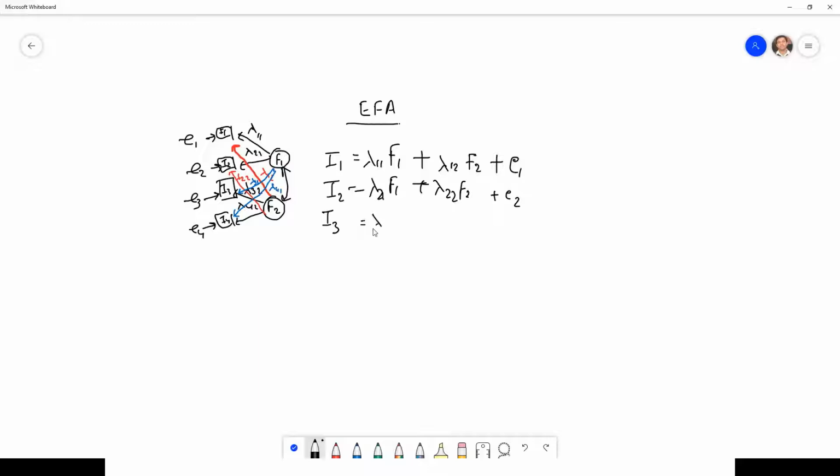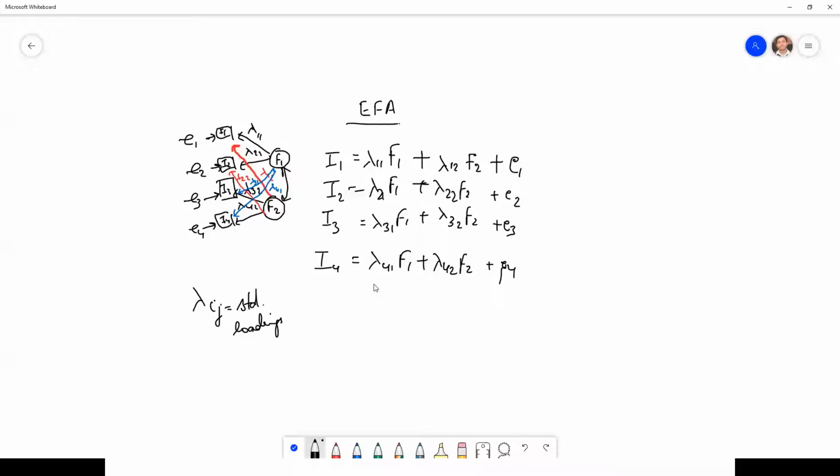I3 is equal to lambda 31 F1 plus lambda 32 F2 plus error 3, and I4 is equal to lambda 41 F1 plus lambda 42 F2 plus E4. Remember, all lambda ij's are standardized loadings.